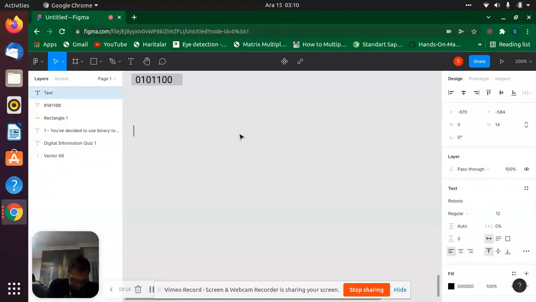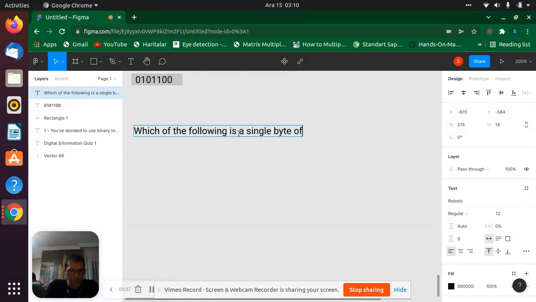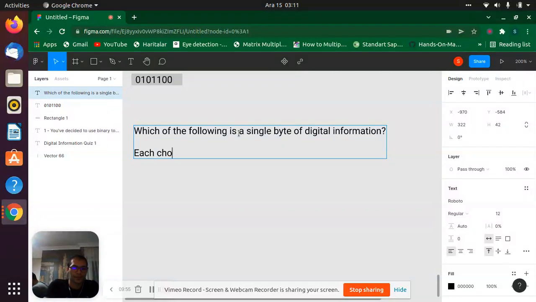Which of the following is a single byte, not bit, byte, single byte of digital information? Now I will go through each choice.